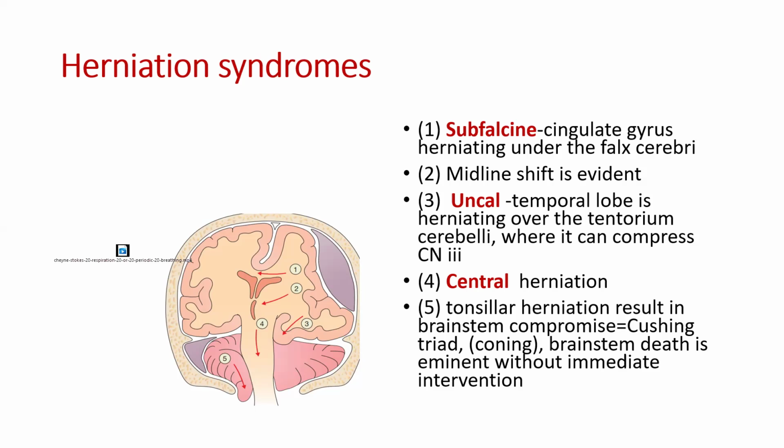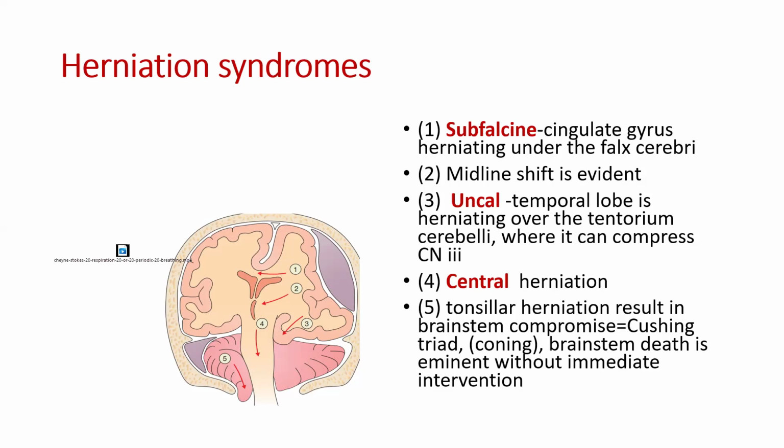The arrow on number 3 shows uncal herniation, which is herniation of the temporal lobe over the tentorium cerebelli, where it can compress the third cranial nerve. We will see a discussion on what happens when the third cranial nerve is compressed.